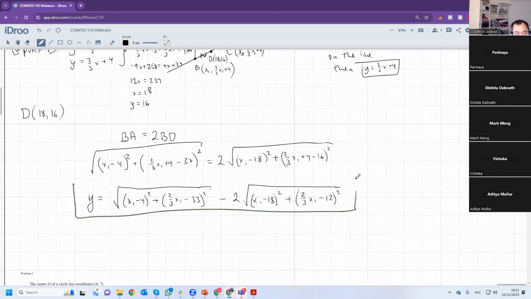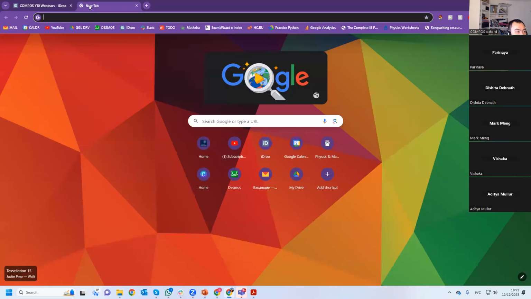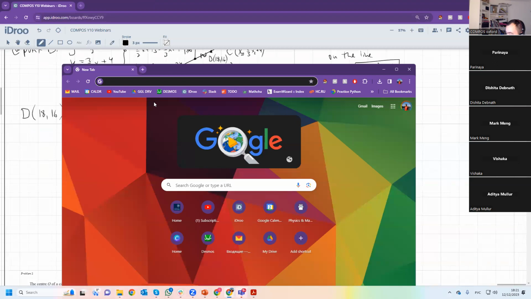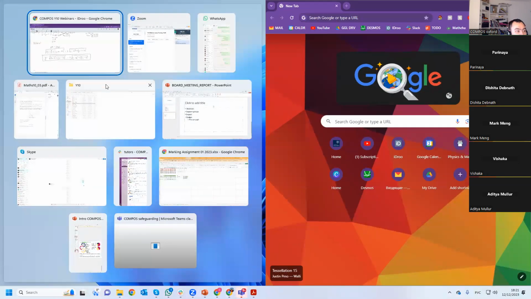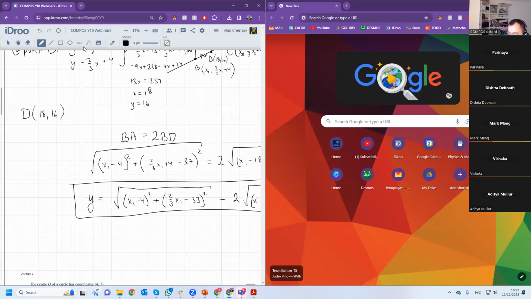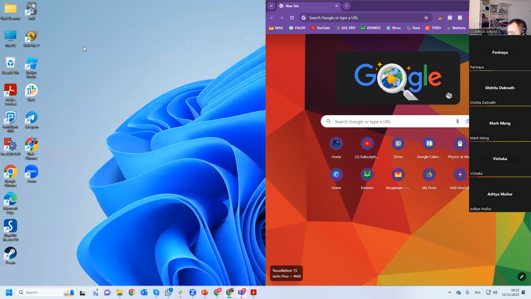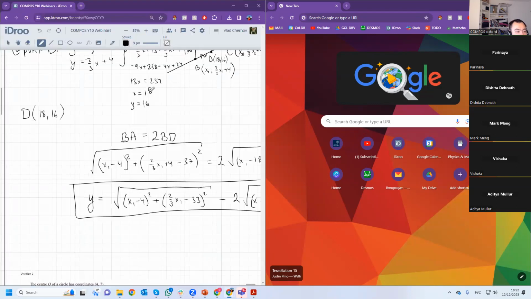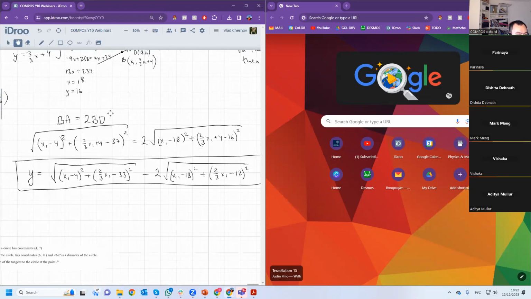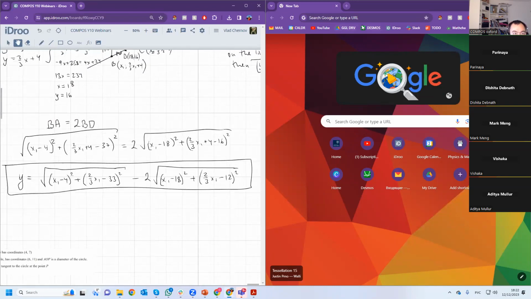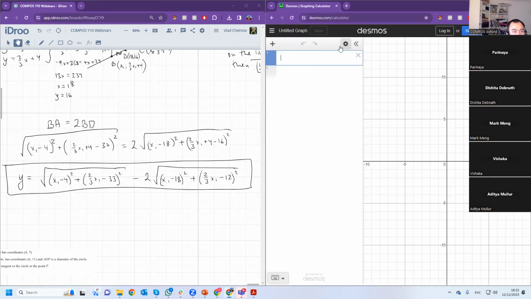And now I draw this curve using technology, of course. So I am doing this and this. That's fine. So what I need to do is go to Desmos and draw this line.